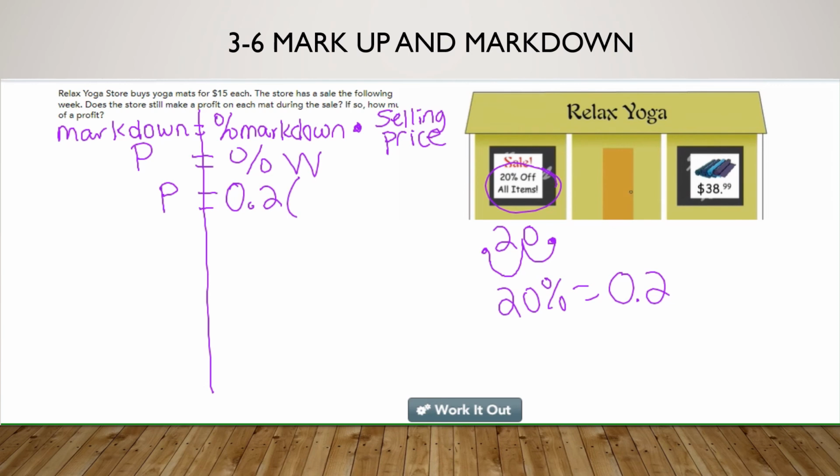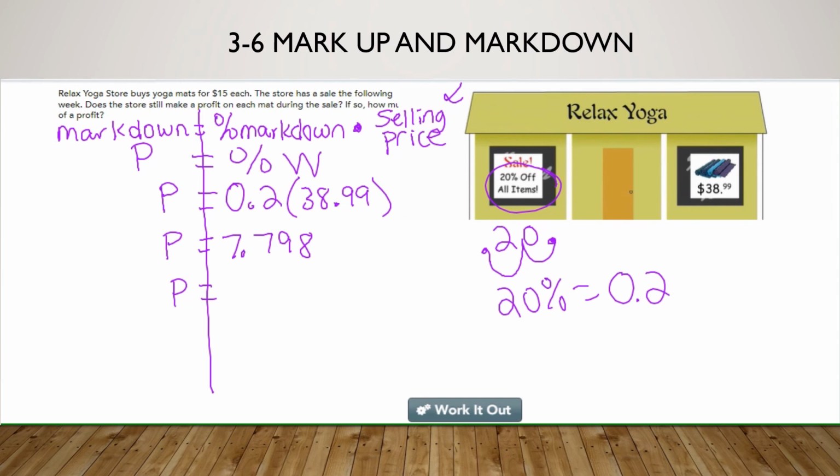Our whole, if you look here, is our selling price. So our selling price is $38.99. Now we have to go ahead and multiply and get 20% of $38.99. When we multiply, this is what we end up with, but we have to remember this is money, so we can't have money in the thousands place. We have to round to the hundreds place.